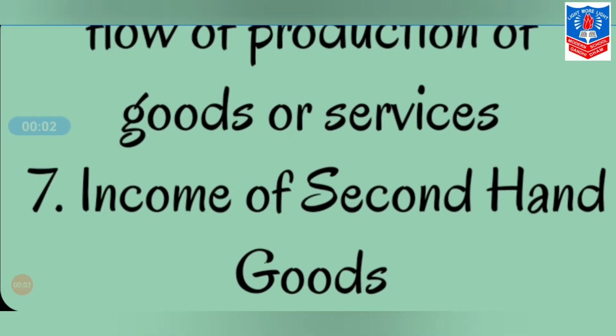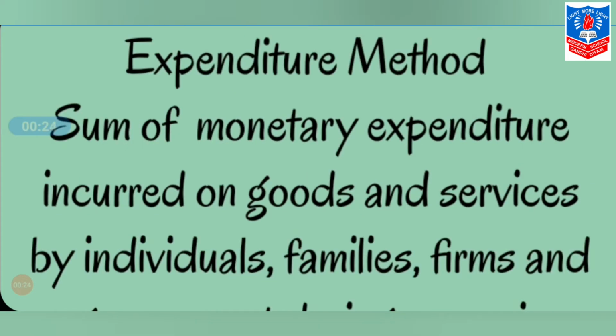So here we discussed a few incomes which are considered and a few which are not considered while measuring national income through the income method. Our third method for calculating national income is the expenditure method.